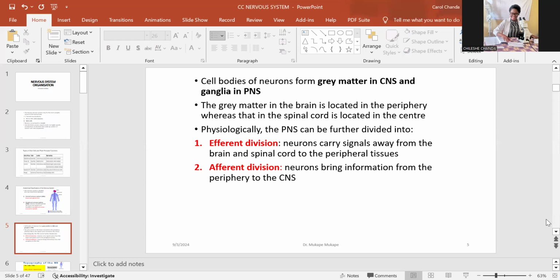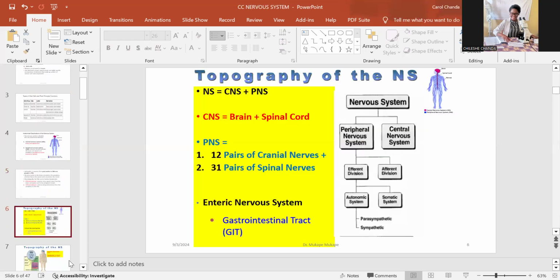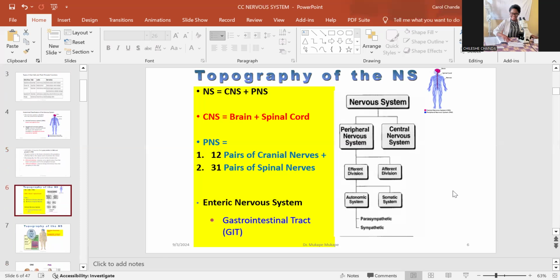Whatever that information is, it's going to be carried to the brain through the afferent division of the nervous system. And those neurons that make up the afferent division are said to be sensory neurons because they are the ones that are sensing these impulses.